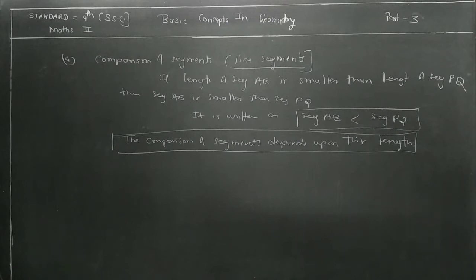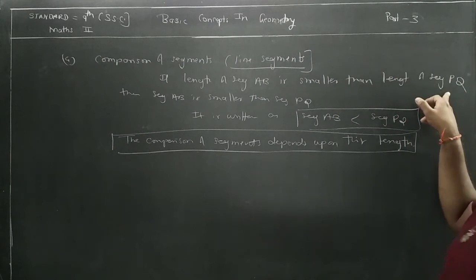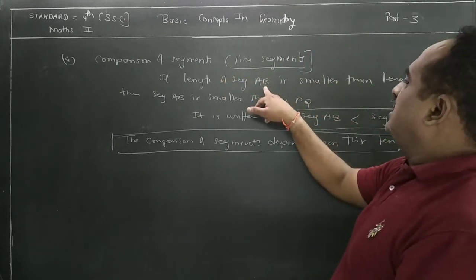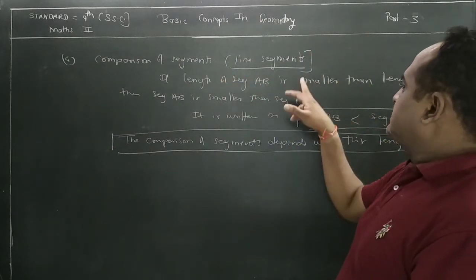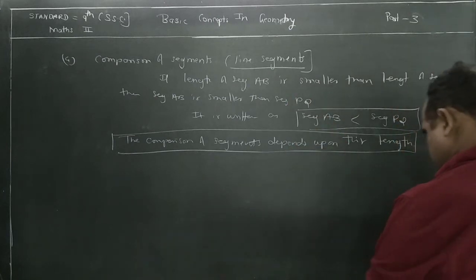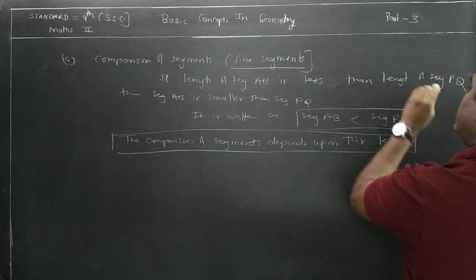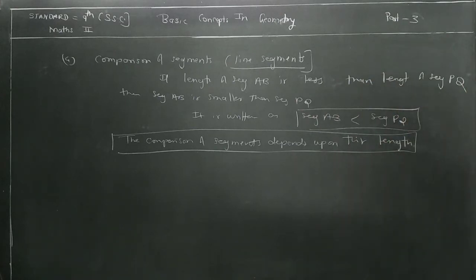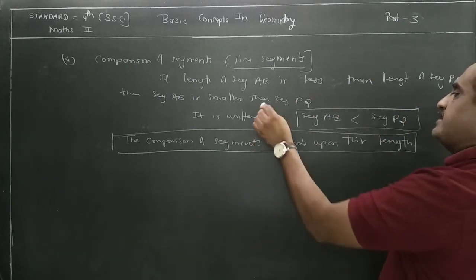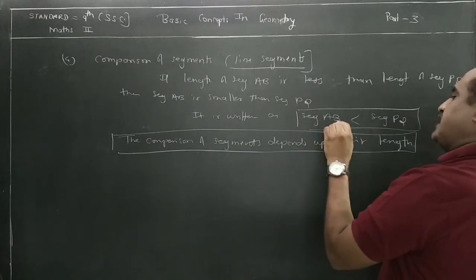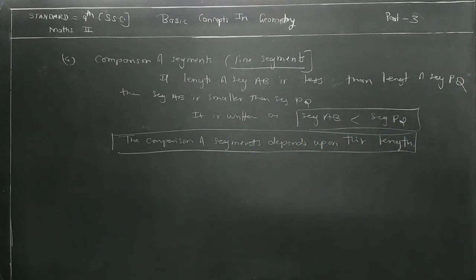So, if we have two segments, segment AB and segment PQ, if the length of AB is less than the length of segment PQ, then segment AB is smaller than segment PQ. It is written as segment AB is smaller than segment PQ. The comparison depends upon their lengths. Have you understood this? Simple thing.